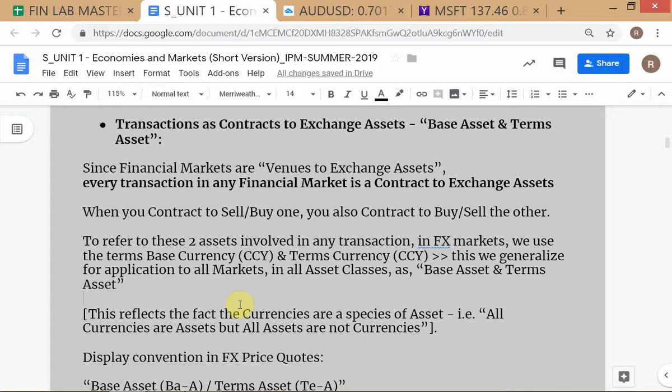Does that make sense? It fits into what you know so far, because in a financial market, what do we exchange? Assets. So when we do a transaction in a financial market, instead of seeing it directly as exchanging assets, we will see it as a contract to exchange assets. The moment you enter into the contract, you are obligated to perform the contract. So we will see now slowly.